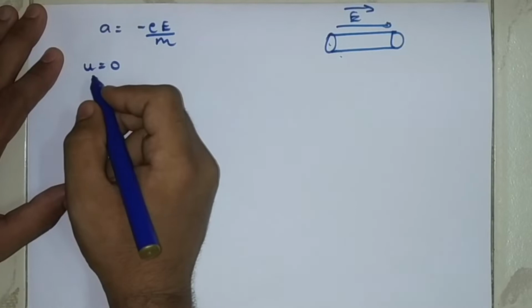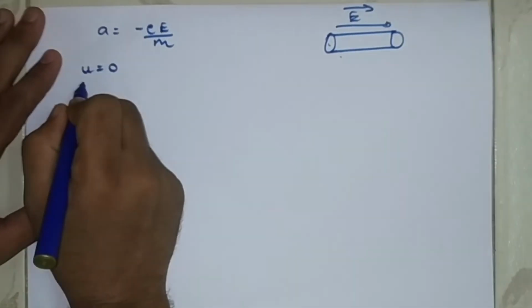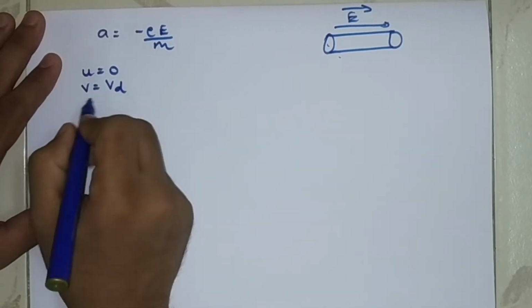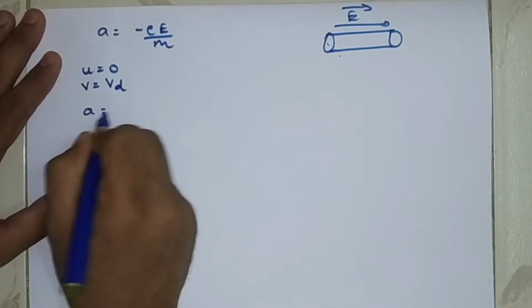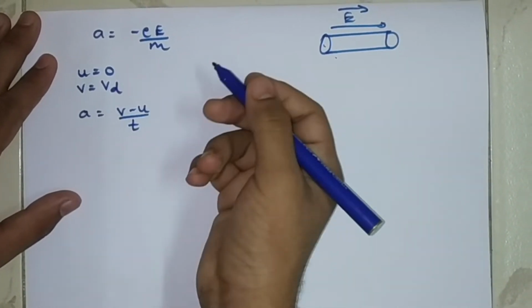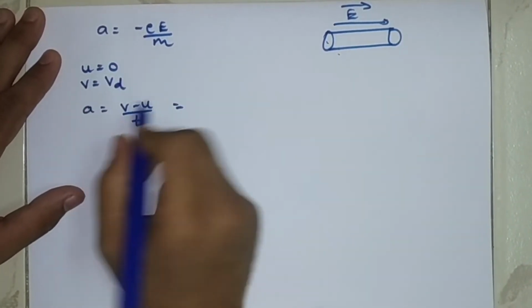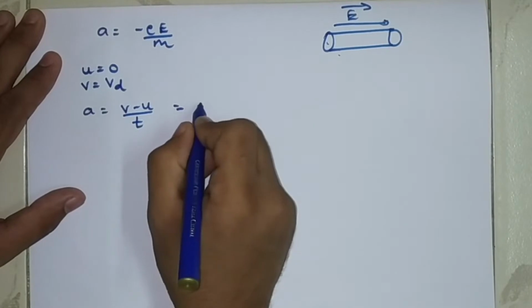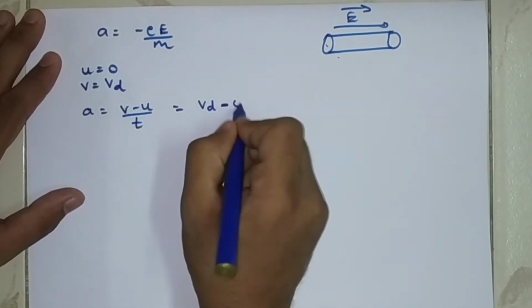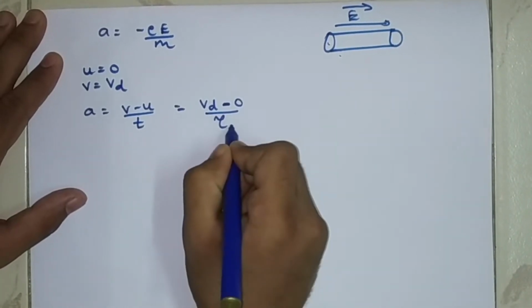When we apply an external electric field, the final velocity will be the drift velocity. So a equals (v minus u) by t, which is the basics of kinematics. Substituting, a equals (Vd minus 0) by tau c.